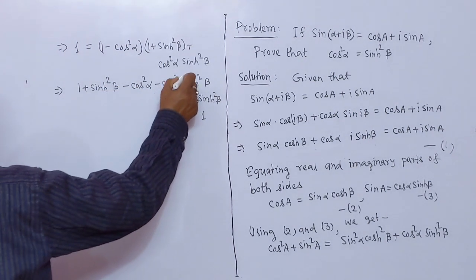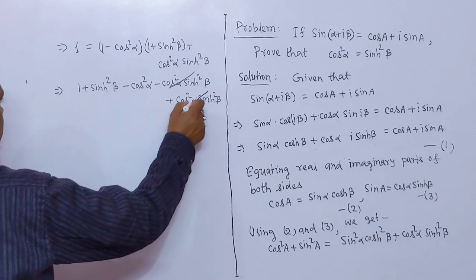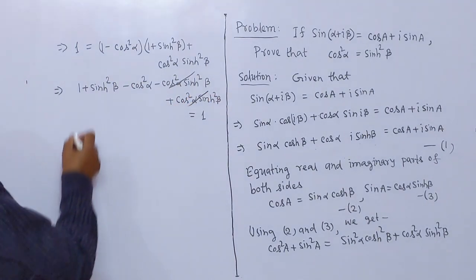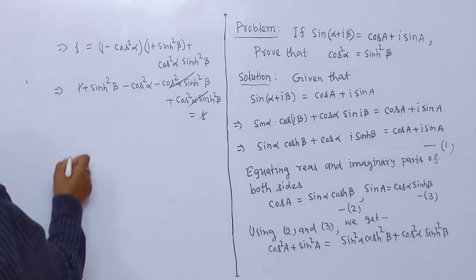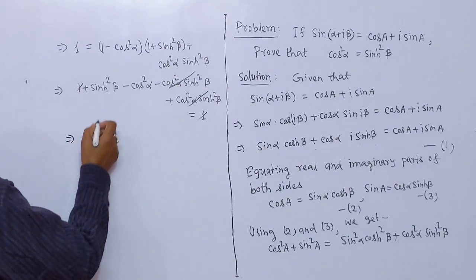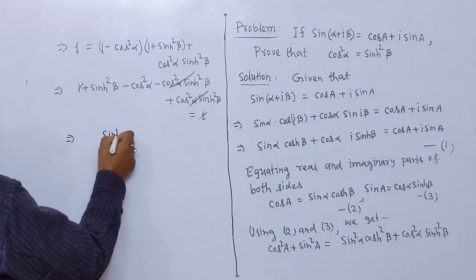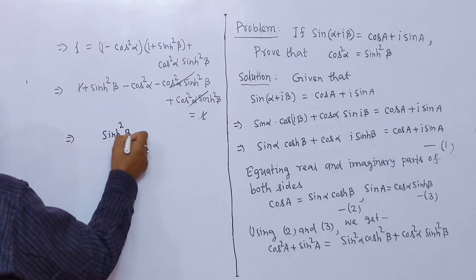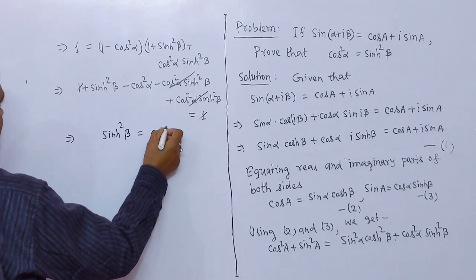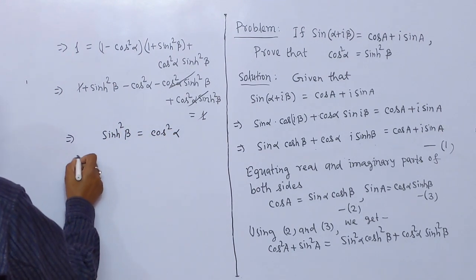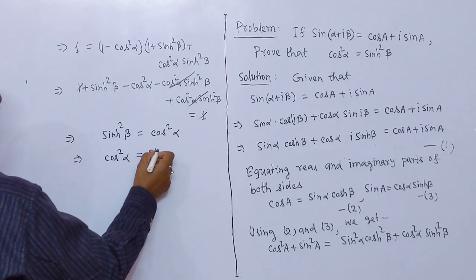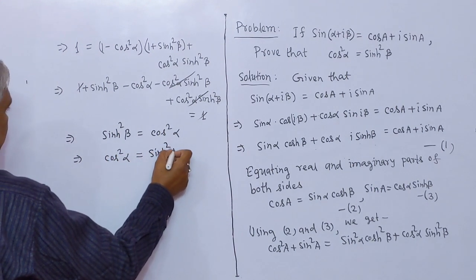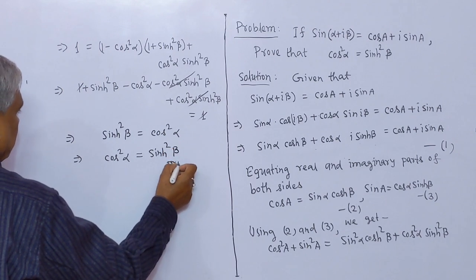Here this is negative, this is positive, cancel; 1 left side, 1 right side, cancel. This implies that sinh square beta equal to cos square alpha, implies that cos square alpha equal to sinh square beta. Proved.